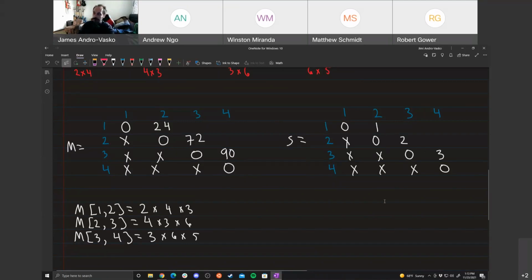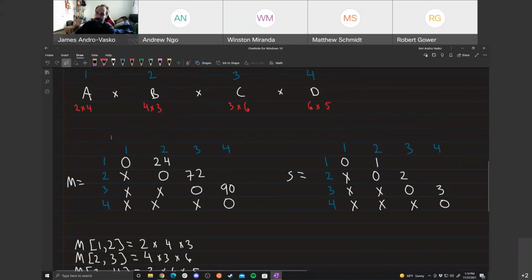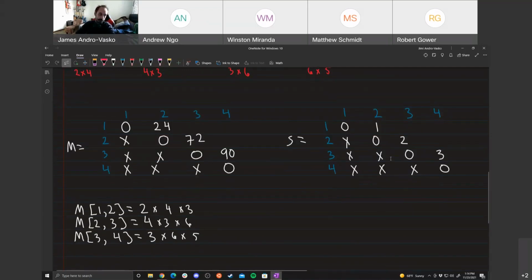The idea is these numbers are going to be our cutoff points. So multiplying A times B, we chose 1 as our cutoff point. Multiplying B times C, we chose 2 as our cutoff point. And multiplying C times D, we chose 3 as our cutoff point. We'll have a better example in a second where we can see what's going on. This is mostly used just to be able to construct our final solution.